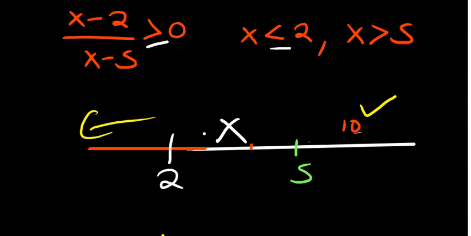Even if we had added that, 5 would still not be included, because 5 makes the function undefined, and 5 would not give us a 0 anyway. Are we together? Let's look at the next question.